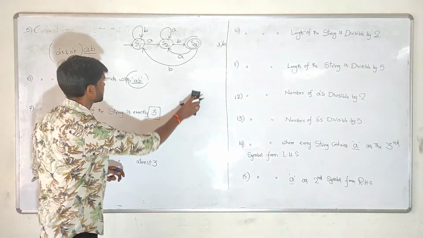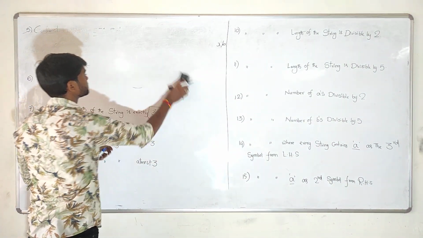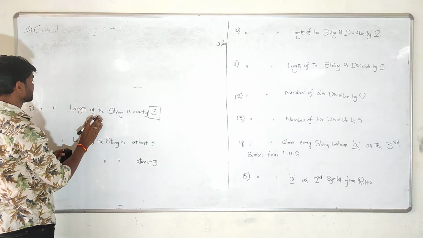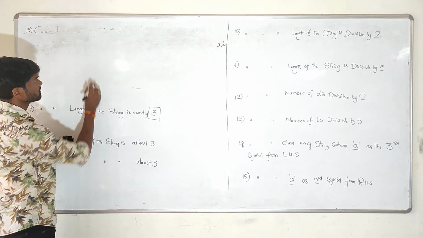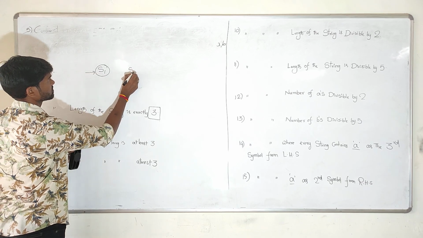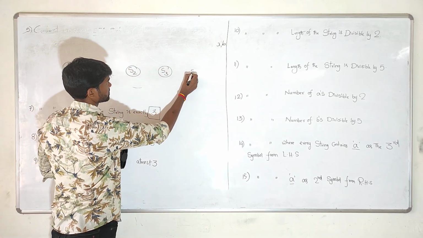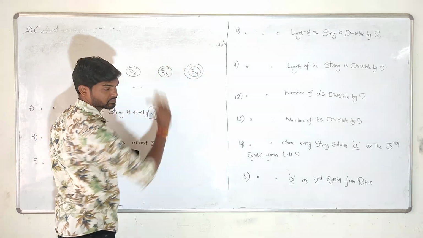So it is very simple, like this. Take initial states for the seventh question. For the seventh question, take S1 state, S2 state, S3 state, S4 state like this.